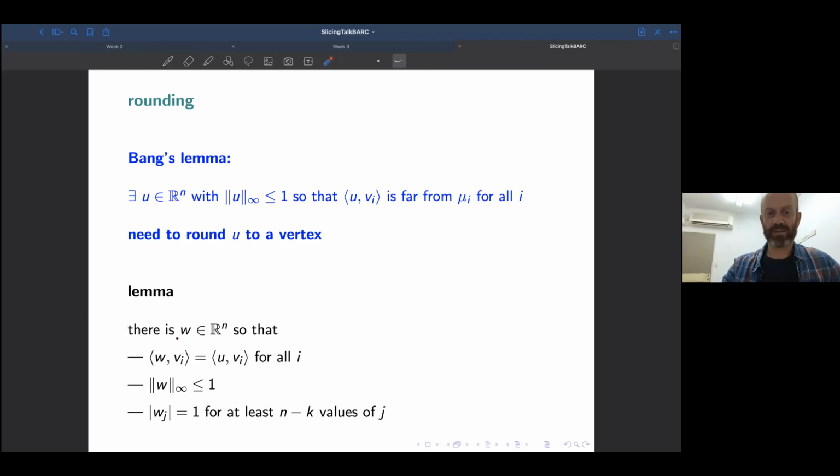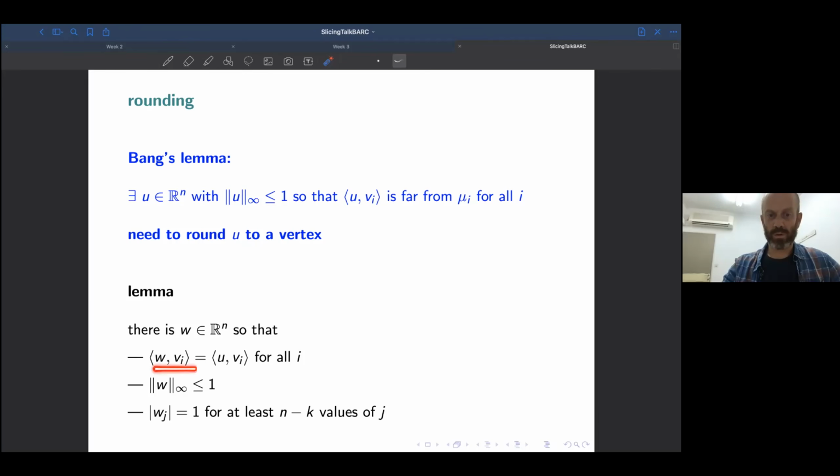Now we can find some other vector, w. W has exactly the same inner product with all the normals as u has. So w minus u lies in the orthogonal complement of all the v's.